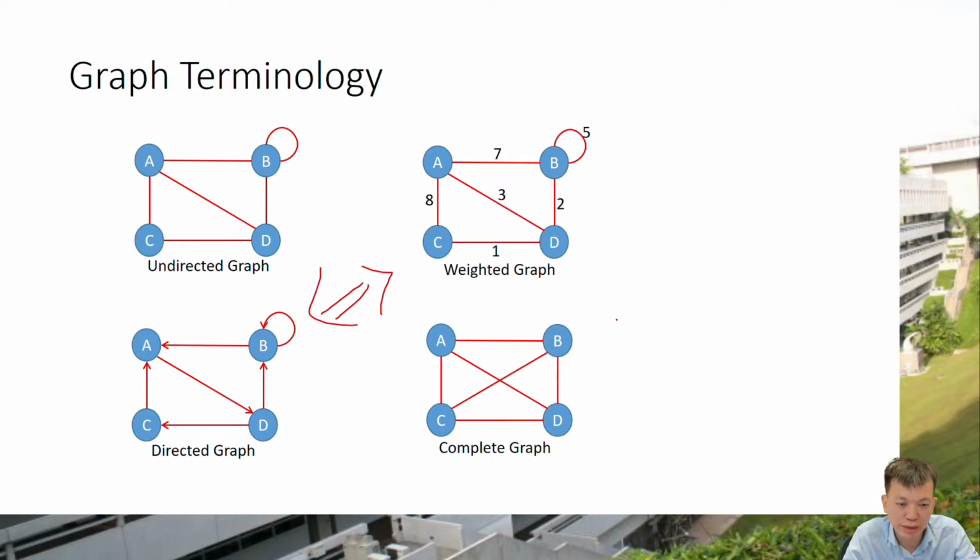That means on a directed graph, each edge still can have some weight. Then this is the complete graph. That means what you see, the maximum number of edges you can have. That's called the complete graph. For different problems, we will use different graphs.